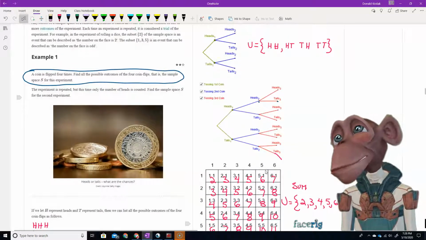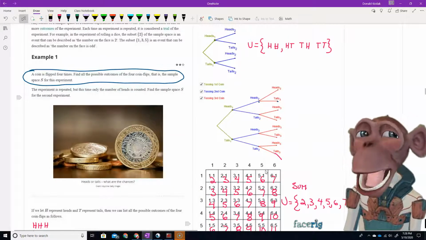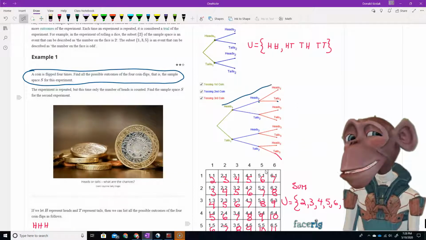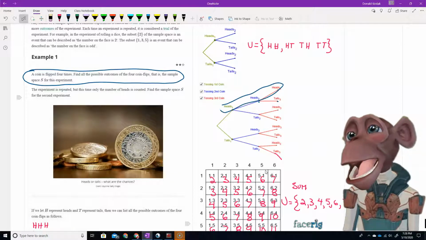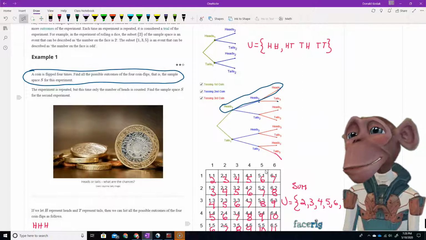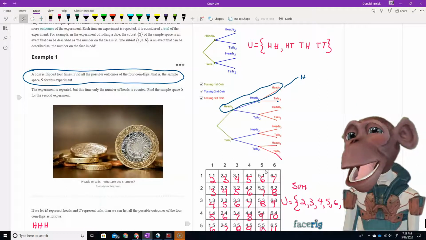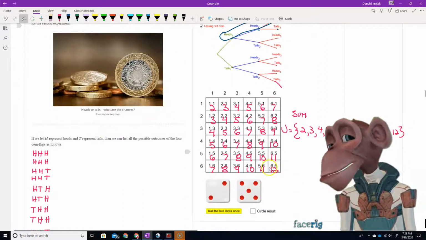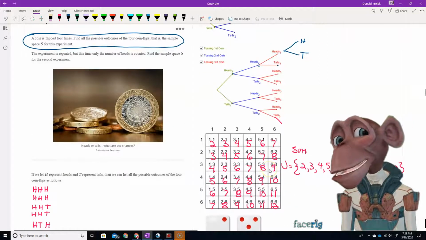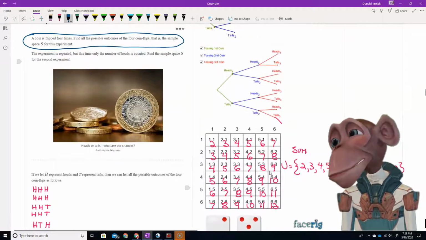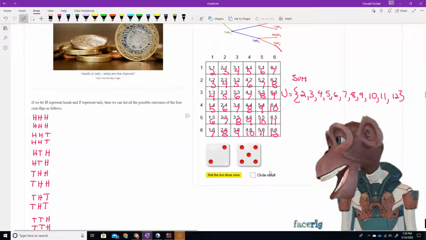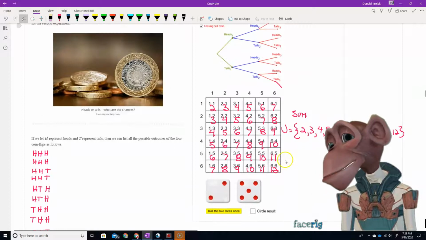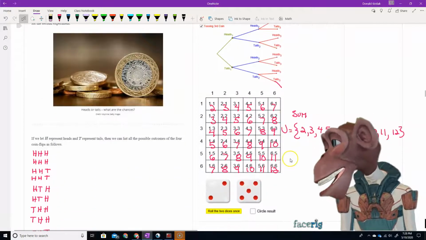Since I had this already drawn up here, all I did was take each outcome. The first outcome was heads, heads, heads. And then I wrote it twice because I could have heads, heads, heads, heads, or I could have 3 heads and a tail. So if you look right over here, I took the 8 outcomes that were possible for 3 coins, and then I just wrote each one of those outcomes twice.